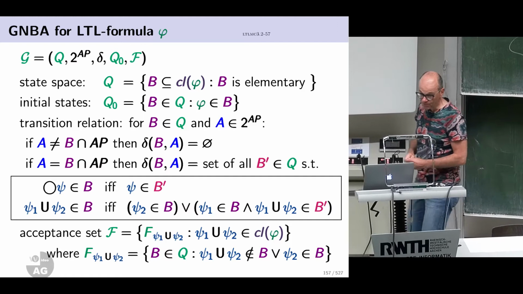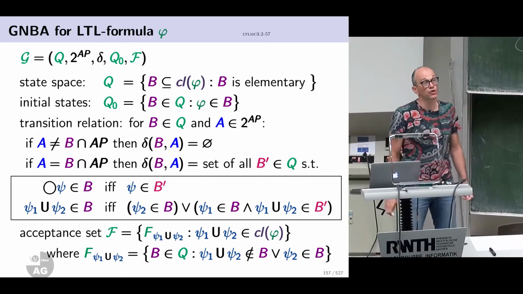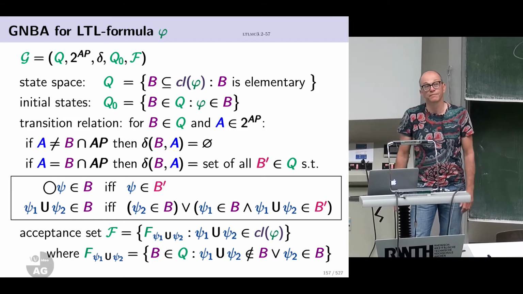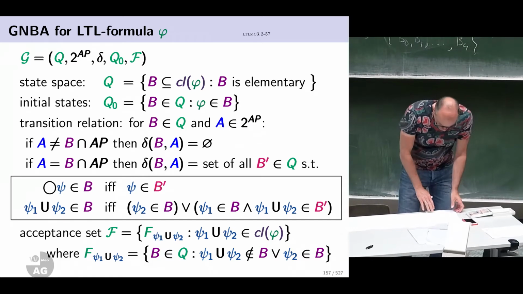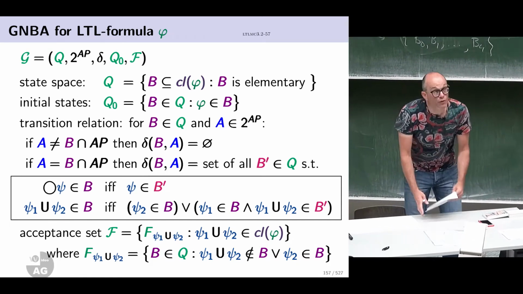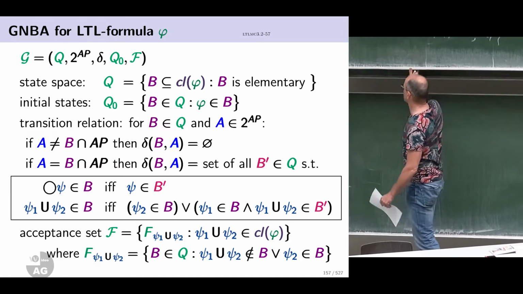Now, this is the definition of the GNBA, and what I would like to show now is why this is correct. So we're going to go through the proof step by step to show why this is correct.